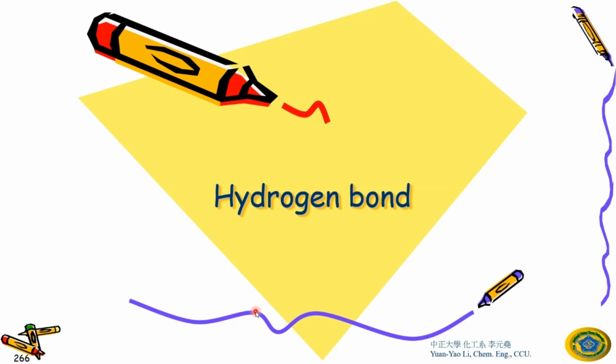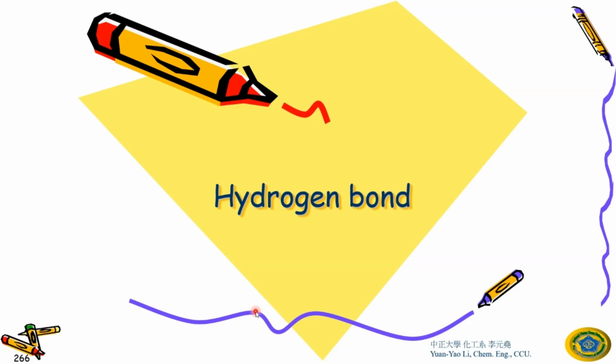So there is a special case in the van der Waals force, or the van der Waals bond. It is called the hydrogen bond. Why is the hydrogen bond a special case? Because a hydrogen atom has only one electron. And if you move this electron from one side to another, the side that has no electron will be bare. There is no protection of electrons for the nucleus.